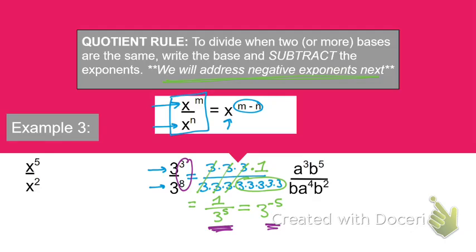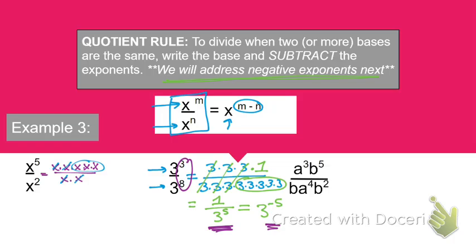So let's go back to the first problem, the one with the x's. Again, if we did this the long way, we would divide out the common factors, and we would see that there are 3 x's left in the numerator.